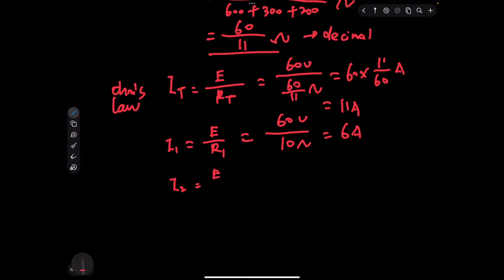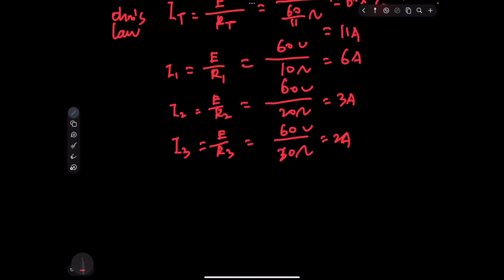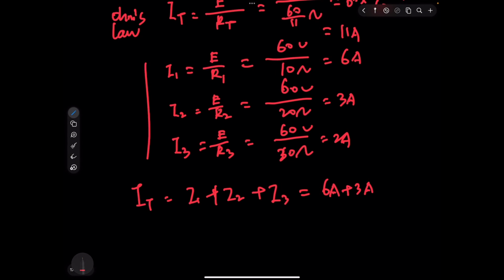I2 equals E over R2 equals 60 volts divided by 20 ohms, 3 amps. I3 is E divided by R3 equals 60 volts divided by 30 ohms, which is 2 amps. So that proves IT equals I1 plus I2 plus I3, which is 6 amps plus 3 amps plus 2 amps. That's a total of 11 amps. So that proves KCL, Kirchhoff's current law.